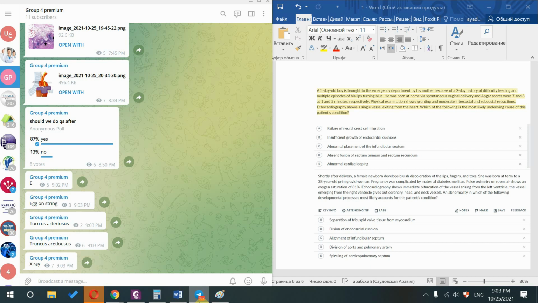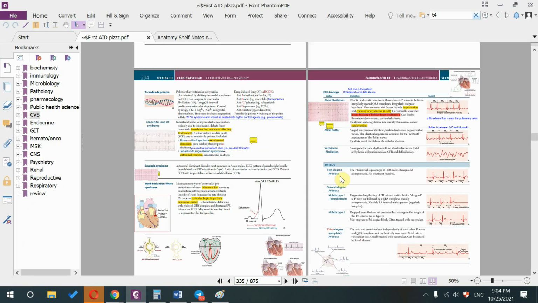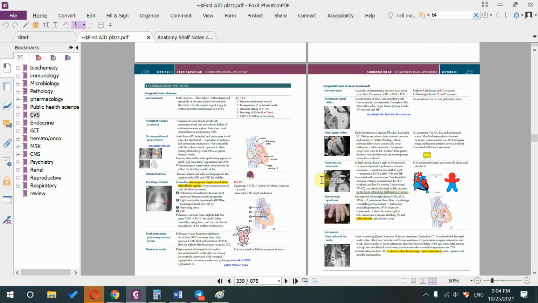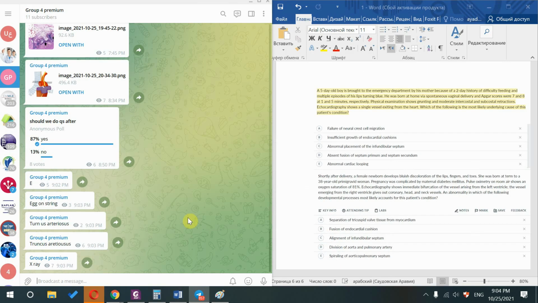I could not find a direct embryology question, so I had to get a second one. This was a difficult question, and you needed knowledge of cyanotic heart diseases, which we have not studied yet, but with the knowledge you already have, you are able to solve them. That means good job, guys.